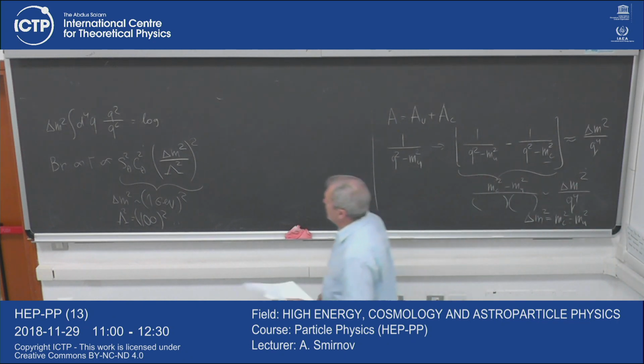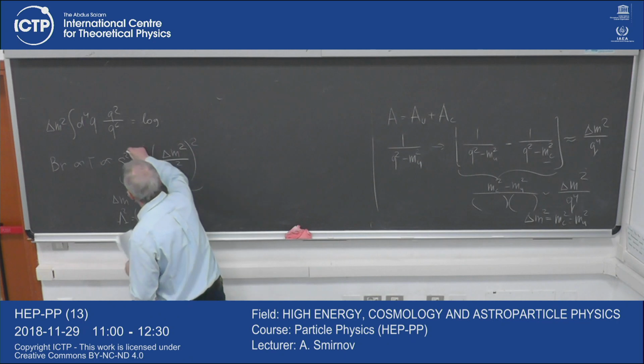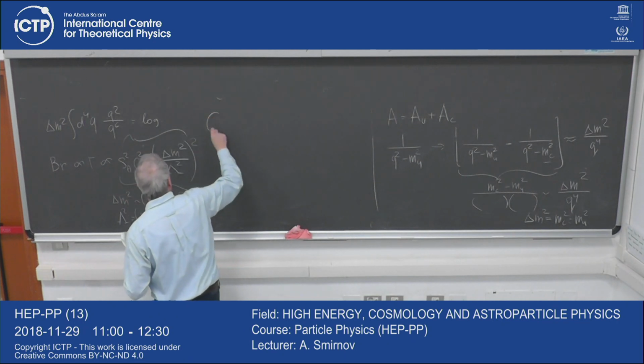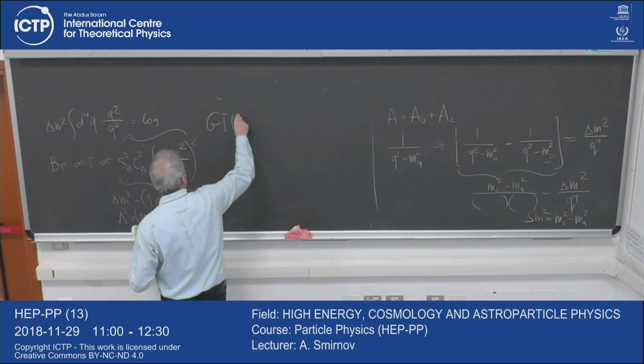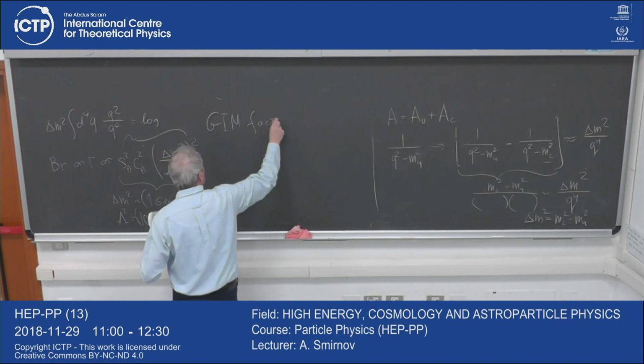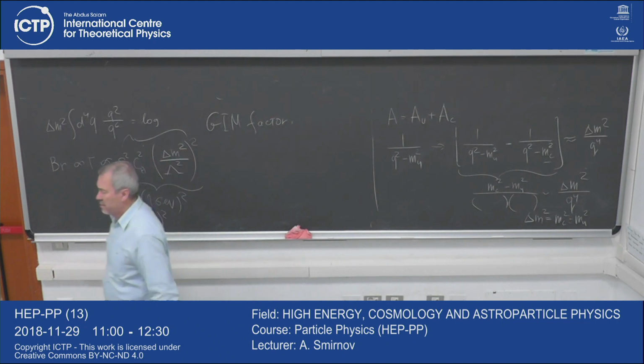So this factor is called the GIM factor, which actually appears in various other places, especially when you deal with flavor changing neutral current processes. This is the GIM factor.